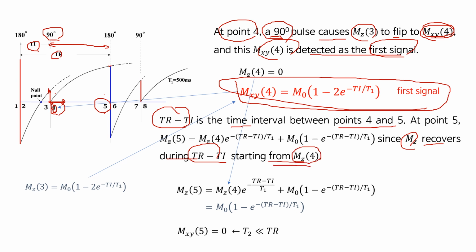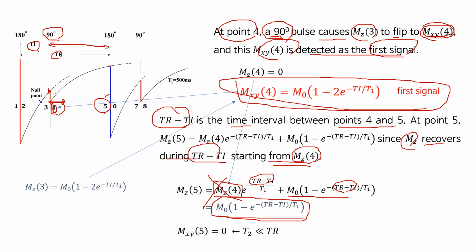So the recovering time is TR minus TI. Starting point is Mz4. We already know Mz4, this is 0, right? So that's cancelled. So we have only this term.